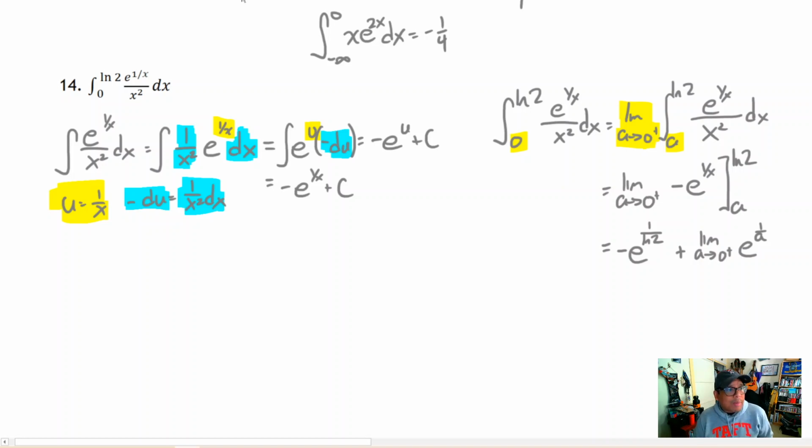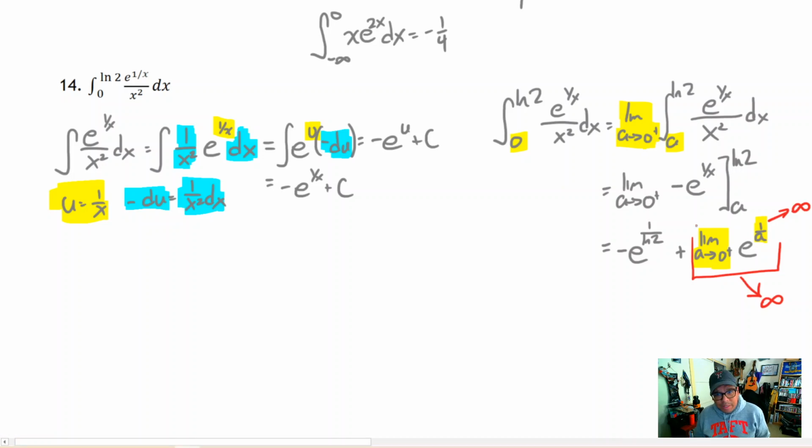Well, what happens to 1 over a as a approaches 0 from the right? And if you said that this approaches positive infinity, you're correct. Well, what happens to e as its exponent goes to positive infinity? Well, this entire thing, therefore, also has to go to positive infinity because e is an exponential base that's greater than 1, so it's going to approach positive infinity.